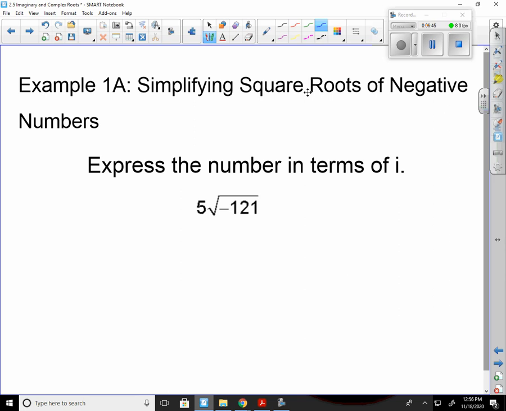Example 1a. We're going to simplify square roots of negative numbers. So we want to express this in terms of i.